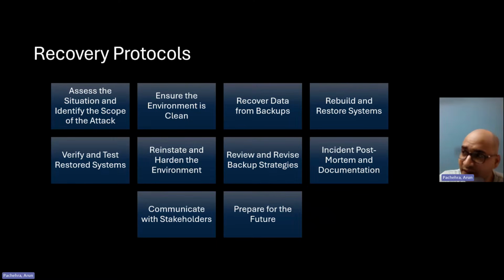That's the first point. We must assess the situation and identify the scope of the attack first, which means identifying infected systems and data. We can do that with threat detection tools such as Microsoft Defender for Endpoint, Sentinel, or any third-party security tool to determine which system files or backups have been compromised or encrypted by ransomware.